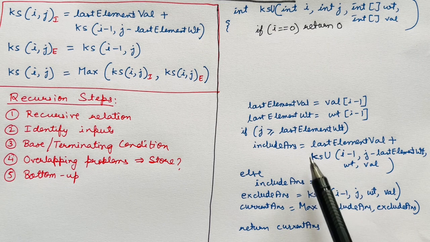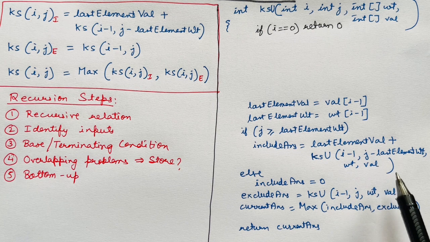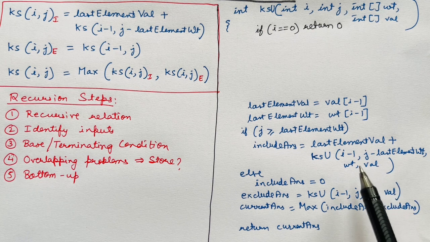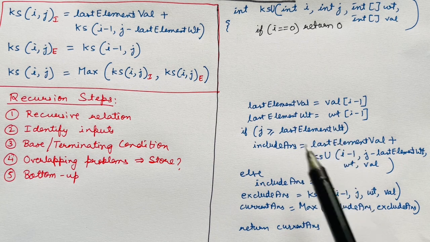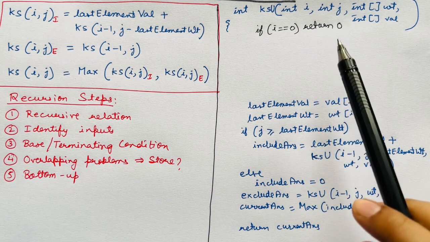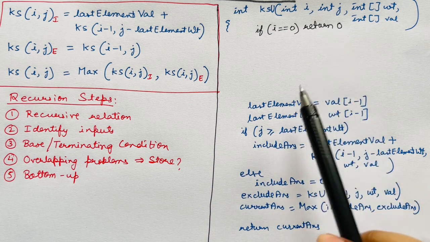But we are making sure that we are reducing j by the weight only if j is greater than that last element's weight. So at max, j can also reach 0. Now what does j equal to 0 signify? That means our capacity of the knapsack is 0. And that means the maximum value that we can make is 0.